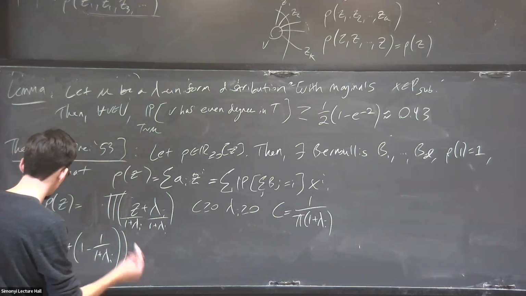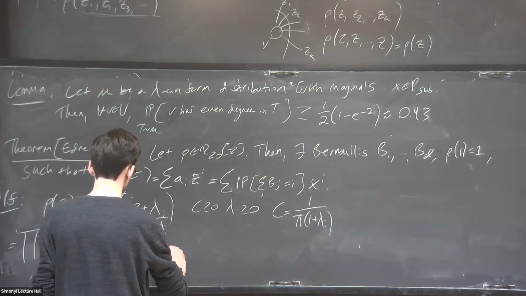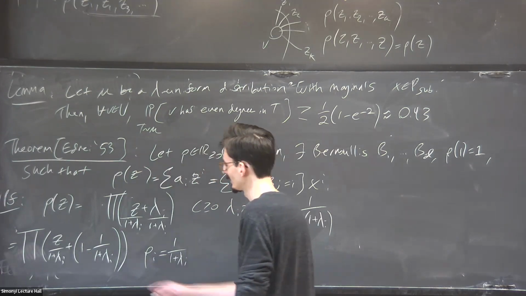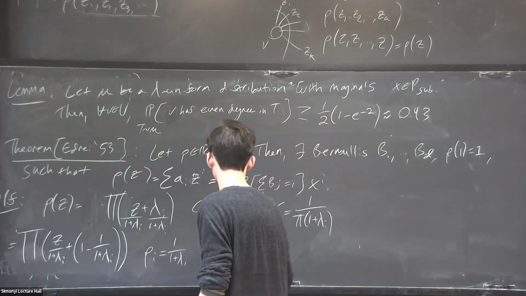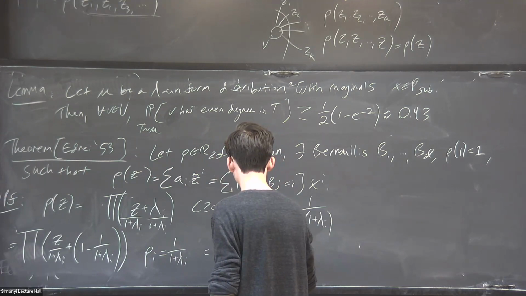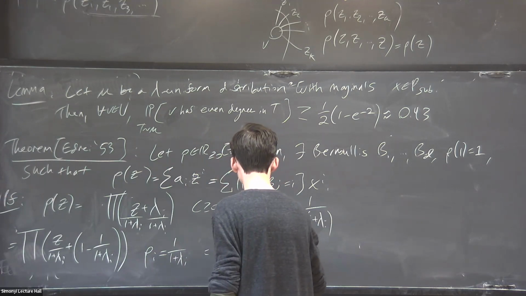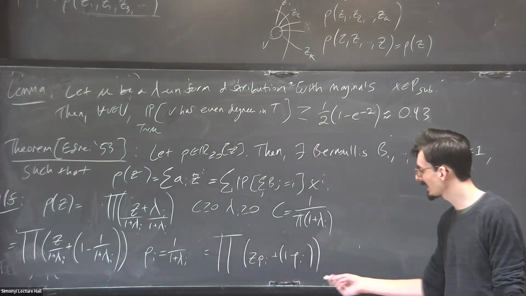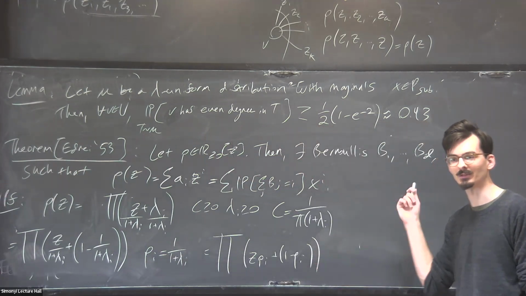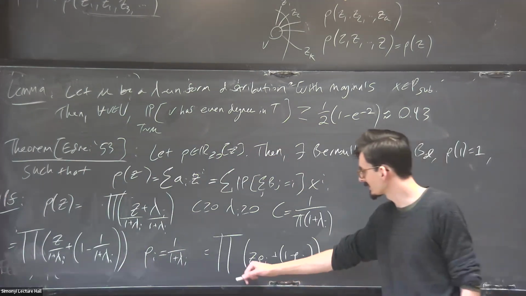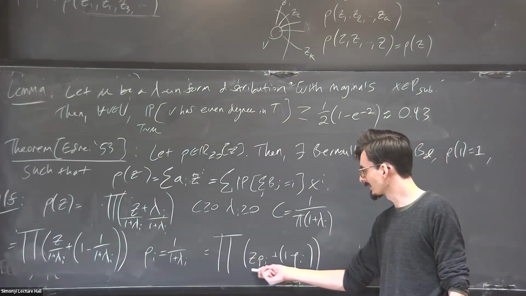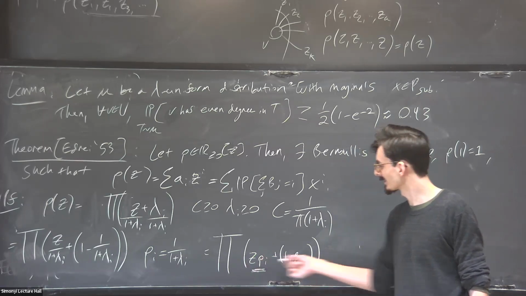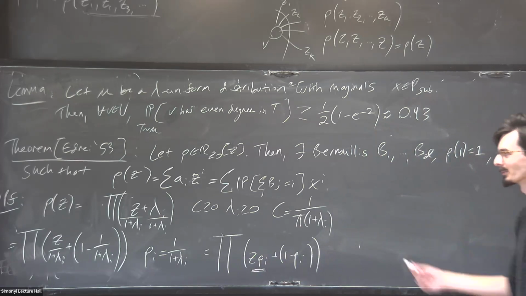And now if I set Pi to be equal to 1 plus 1 over lambda I, let me rewrite this one more time. This is just equal to Z times Pi plus 1 minus Pi. So Pi's here are going to be the success probabilities of my Bernoullis. And now the coefficient of Z to the I is just going to be the probability that I get I successes in this product, right? That's actually the whole proof of this theorem.